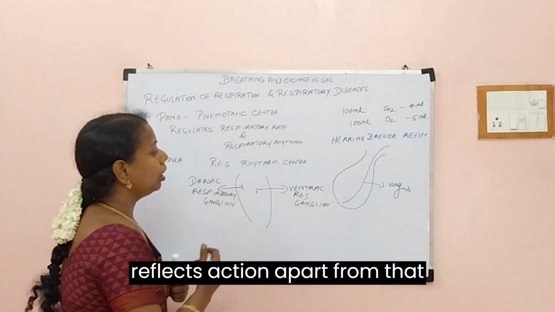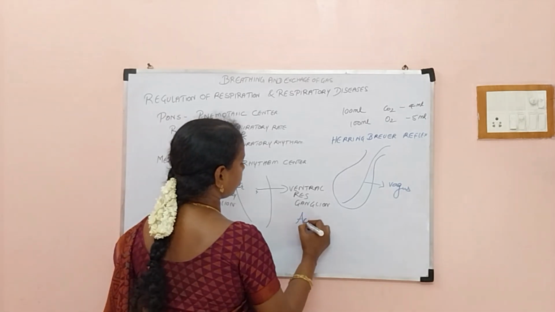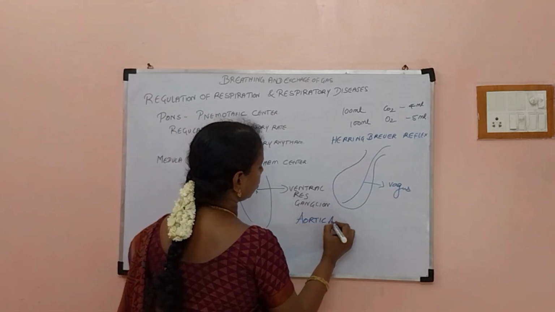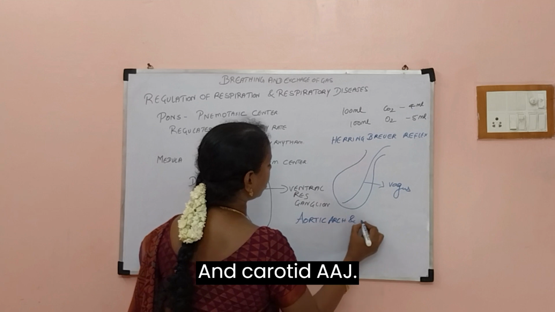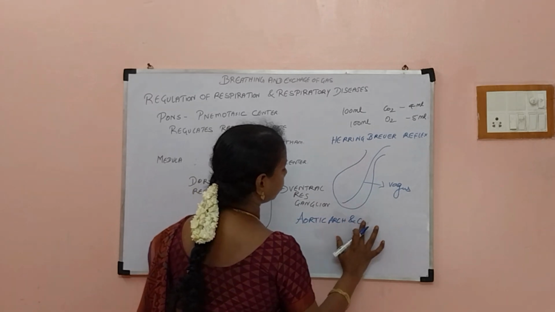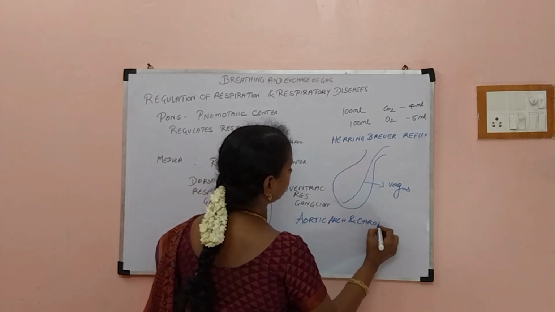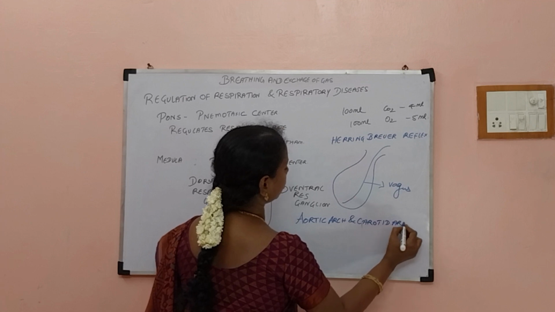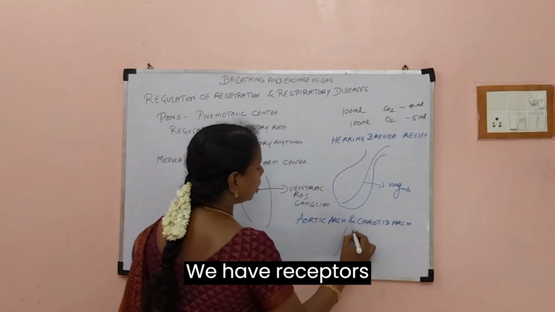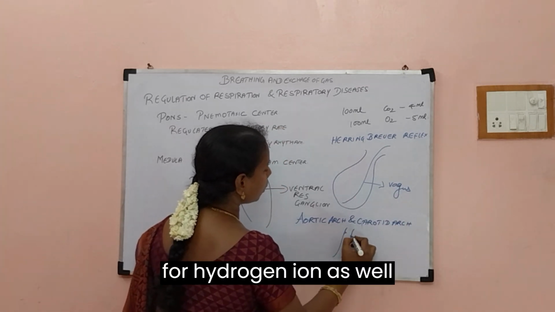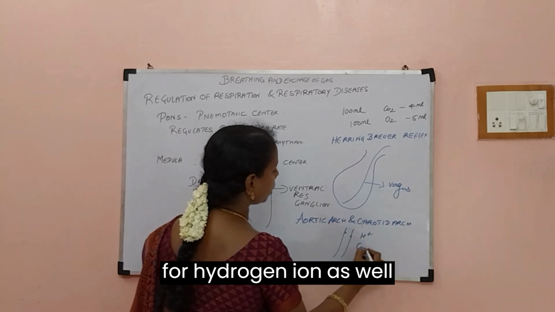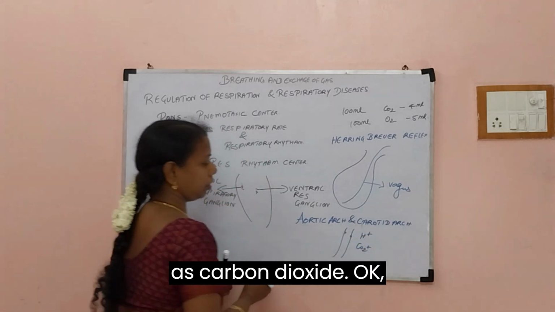Apart from that, in the aortic arch and carotid arch, we have receptors for hydrogen ion as well as carbon dioxide.